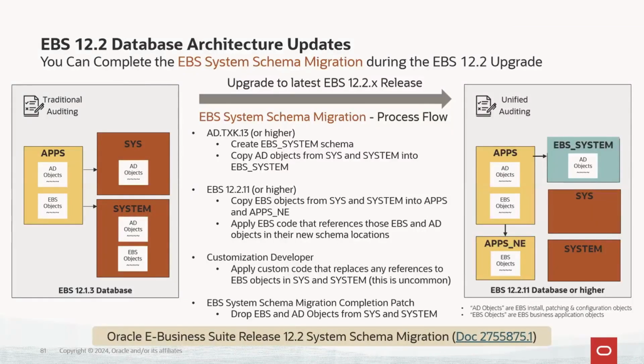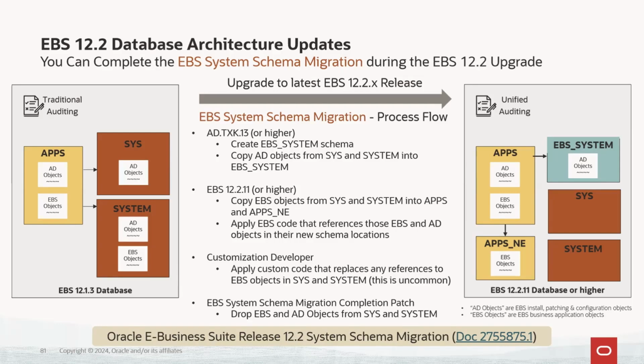So what I've got here is kind of the before and after picture. In other words, the schema architecture in the EBS 12.1.3 database is on the left. And you see there that we have some E-Business Suite objects in both SYS and SYSTEM. But after you've completed the E-Business Suite system migration, which is something that you can do as part of your E-Business Suite 12.2.x upgrade, you'll see that those objects are no longer in SYS and SYSTEM.